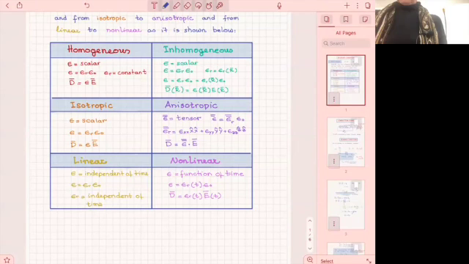It may not necessarily be constant everywhere, but it's a scalar, and the relationship between D and E is given here. So a scalar epsilon makes the material isotropic. A scalar and constant epsilon makes it also homogeneous. So when you say homogeneous, you don't need to say isotropic. But if you say isotropic, it's not necessarily homogeneous.